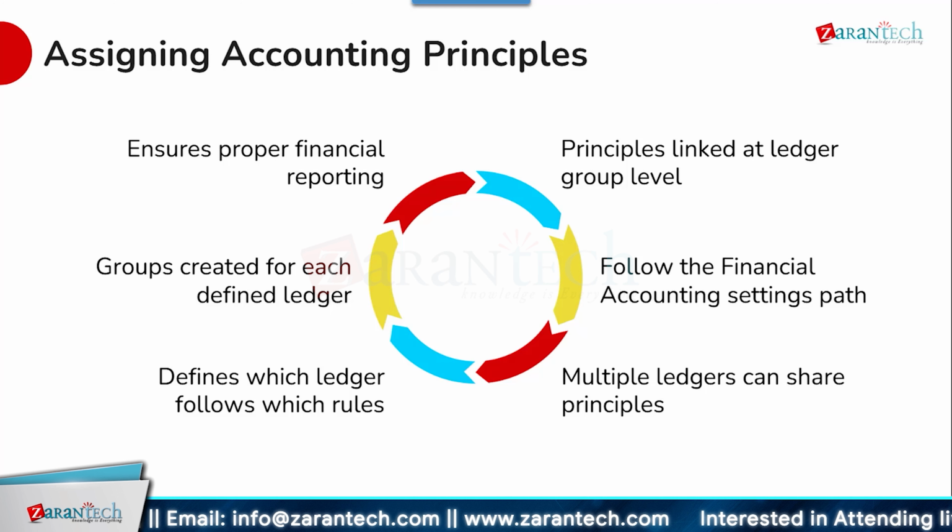By grouping them according to defined accounting principles, you ensure that each department adheres to the same financial standards. This approach not only improves accuracy but also enhances transparency. Whether you are a small business owner or a financial analyst, understanding how to assign accounting principles can help you achieve proper financial reporting.